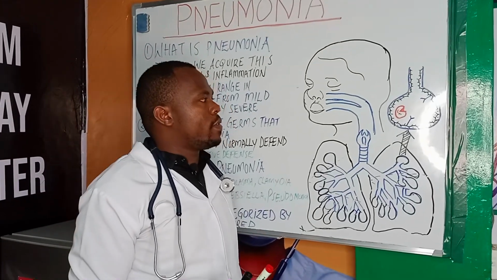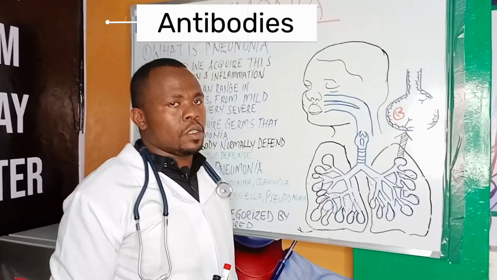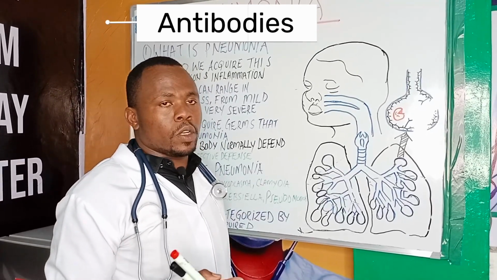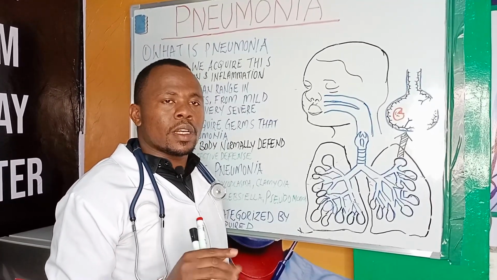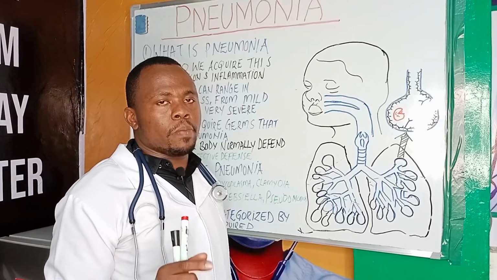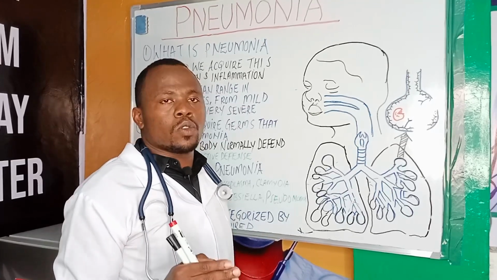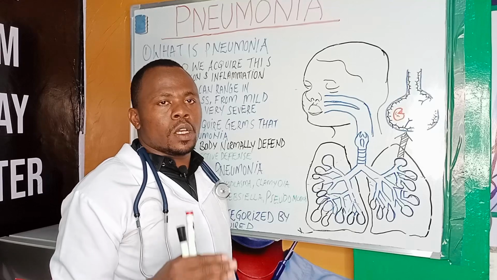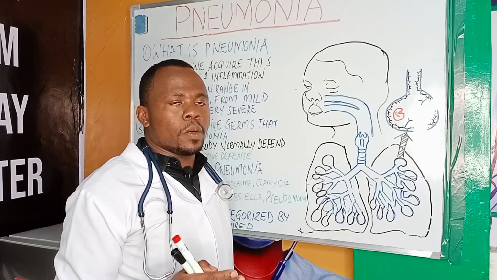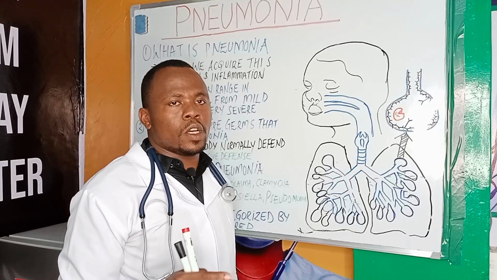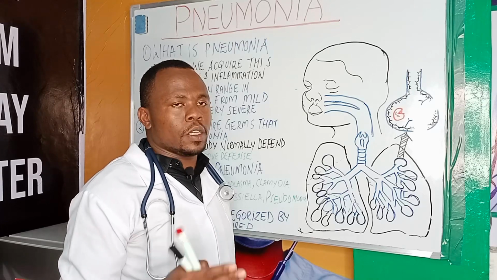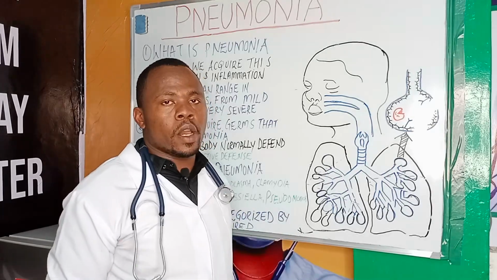Number three, we have antibodies. The innermost part of your respiratory airway is called the mucosa. This mucosa usually has type A antibodies. These antibodies' work is to bind foreign substances like bacteria and viruses that enter into your airway.